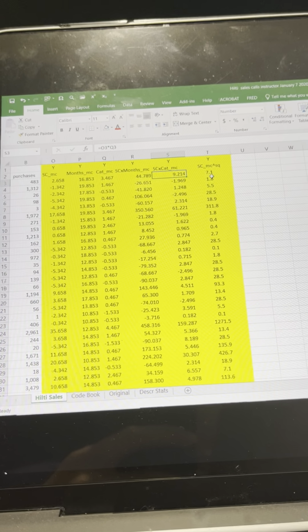It has a number of 0.155 times the number of sales calls, mean centered, squared. I can't make that go away. If I raise it for the first thing, then I am also raising it for the second thing. Okay. So bear with me here.